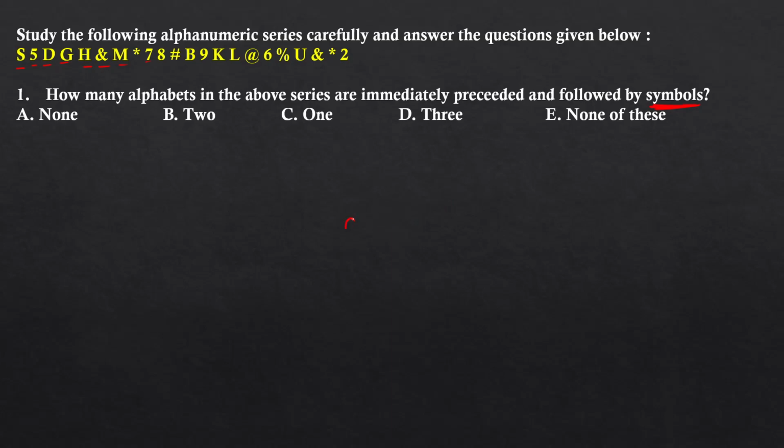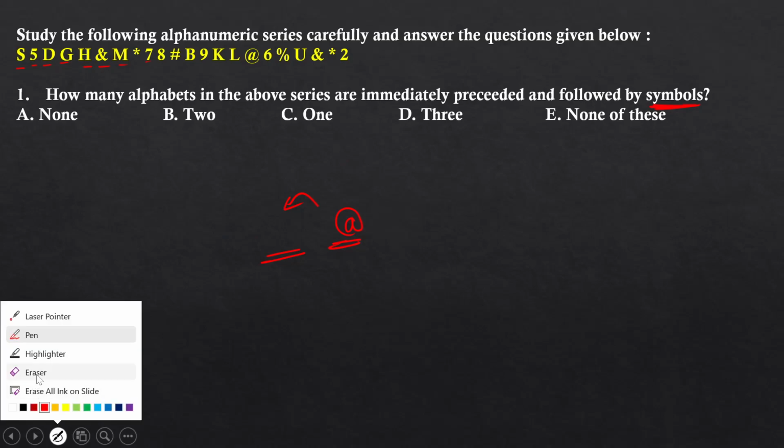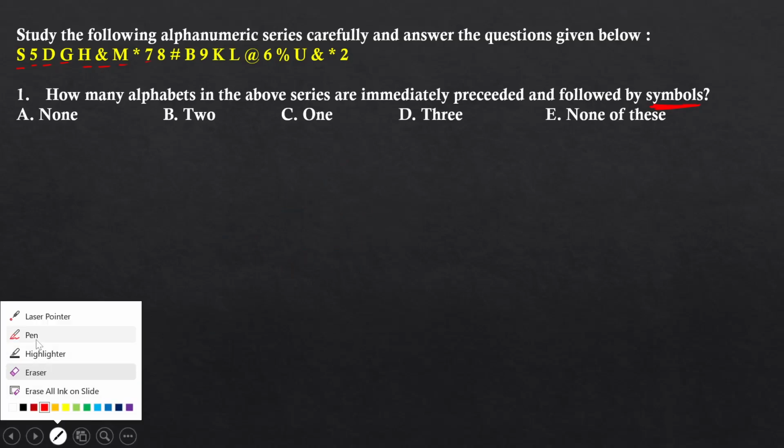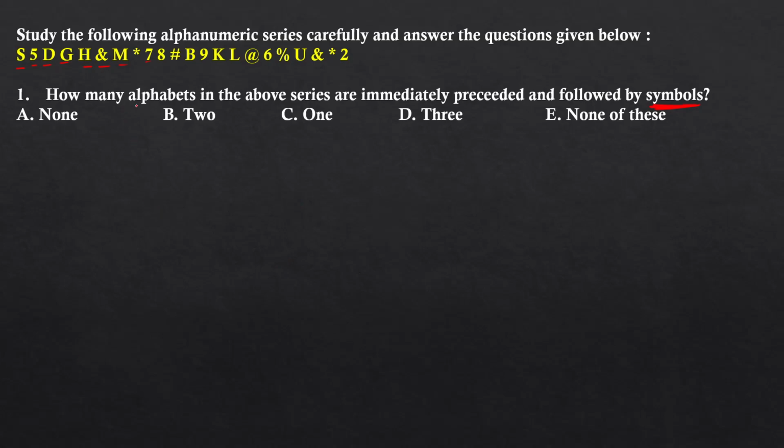So let's say ampersand. This is a symbol. So here before should be an alphabet. Okay. Just a minute. I did it wrong. How many alphabets are there?